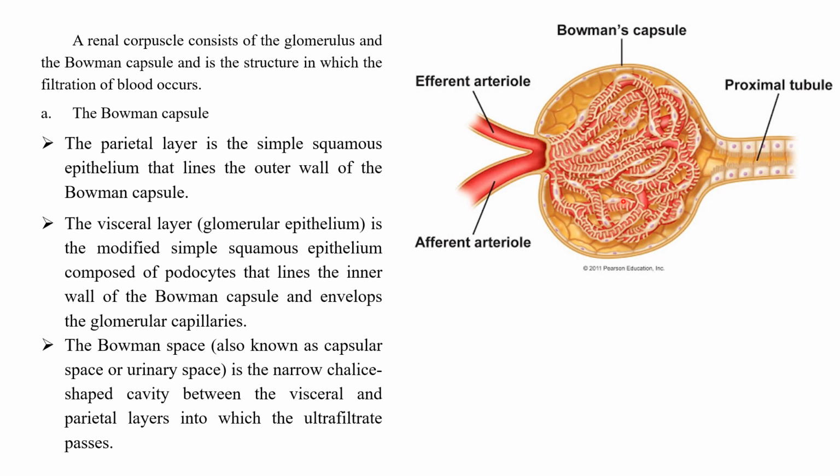The Bowman's space, also known as the capsular space or urinary space, is the narrow chalice-shaped cavity between the visceral and parietal layers into which the ultrafiltrate passes.